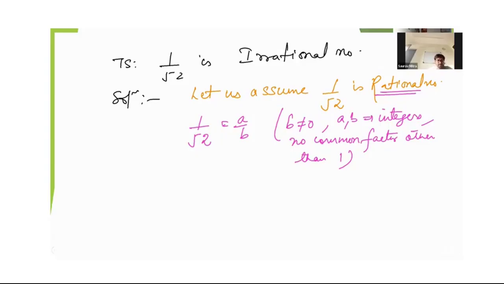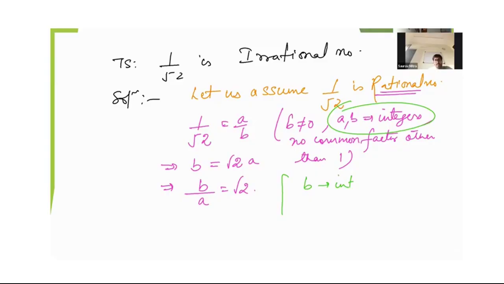So if we cross multiply, it will be written as b equals root 2 a, and if I bring this a to the left side, b by a will be written as root 2. Clear? Since we know that b and a are integers, b by a will be a fraction or rational number.